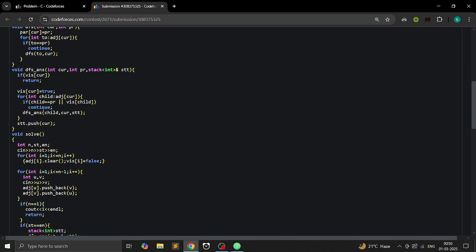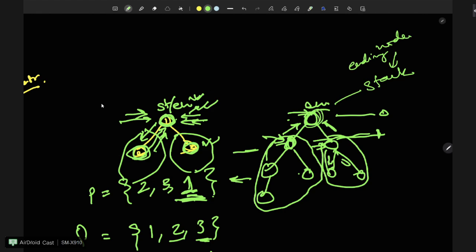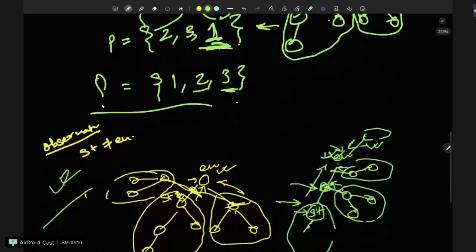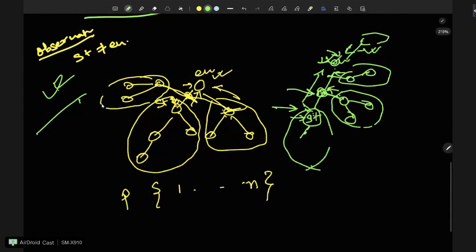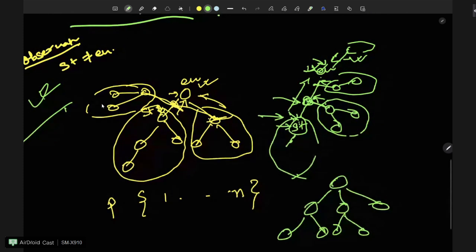Okay. I added this visited array because for this example, when we are moving up, suppose this is the ST node and this is EN, when we do the DFS for this node, we might do DFS for this subtree also, right? We don't want that, because we have to go level by level.